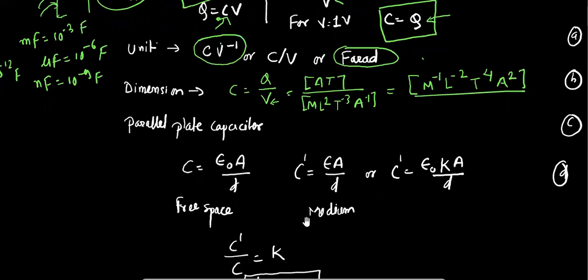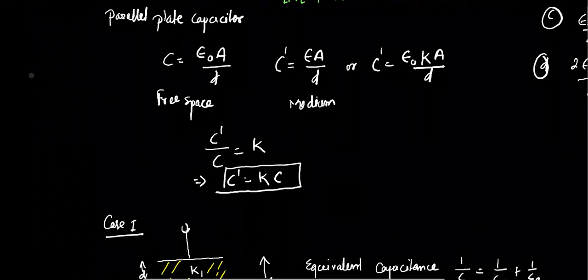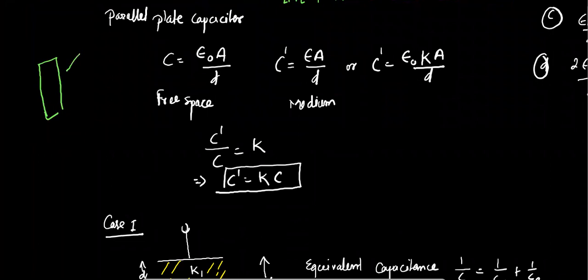Now we are going to discuss the parallel plate capacitor. As we know, the parallel plate capacitor consists of two parallel plates which are separated by a particular distance d, and its area is A. If the space between these two plates is filled by air, then we can use the expression of capacitance as C equals epsilon naught A by d.